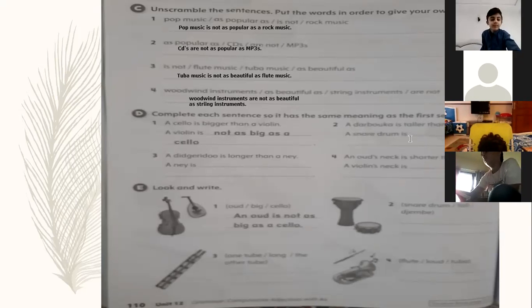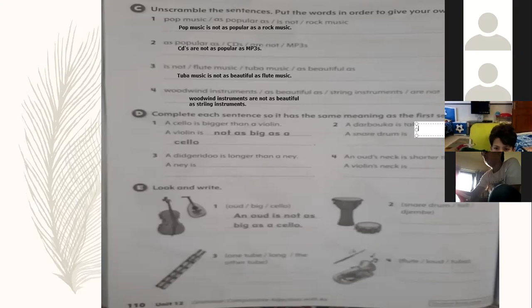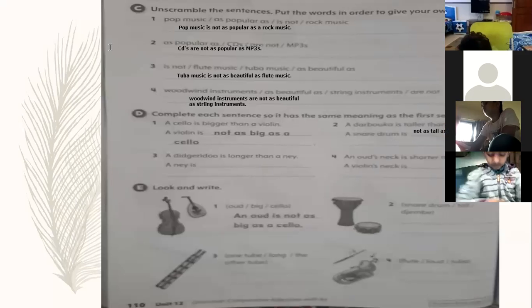A snare drum is... Okay, write down all of you. A snare drum is not as tall as a darbuka.